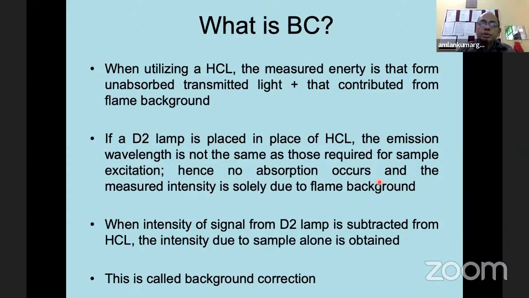Hence, there will be no absorption, and the measured intensity is solely due to flame background. So you can just subtract this from the sum total of transmitted light plus flame background, and you get only the transmitted light. The intensity of the signal from the deuterium lamp is subtracted from that of the hollow cathode lamp. This gives the intensity of the sample alone.